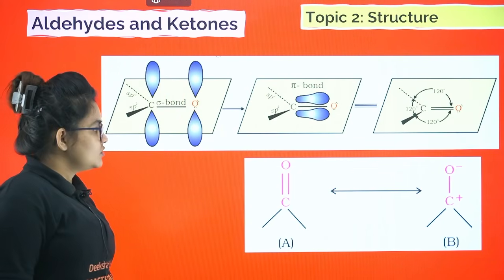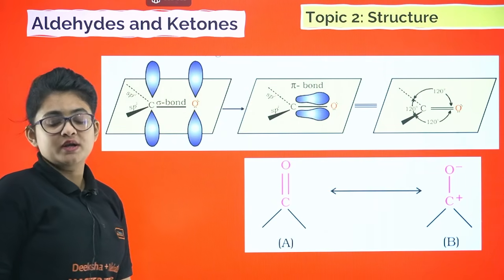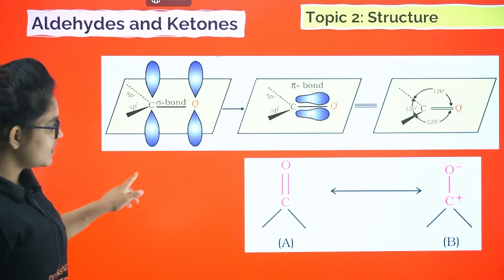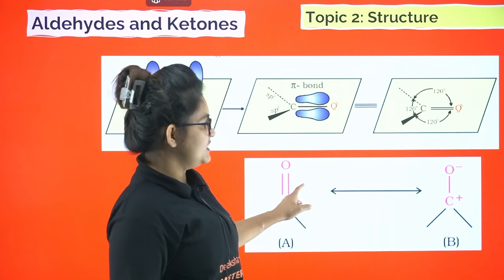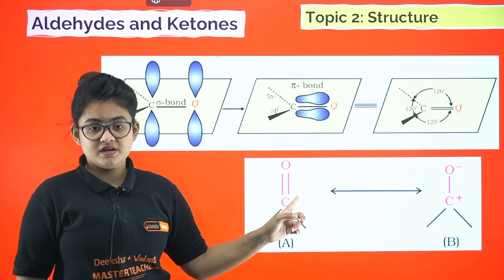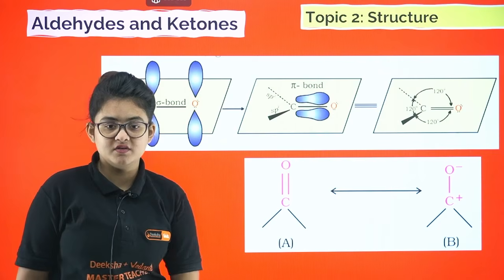Overall, the angle between the bonds is 120 degrees as they are trigonal planar. The structure can also have a resonating structure: the pi bond can give you a charge separated version, where carbon gets the positive charge and oxygen takes the negative charge.